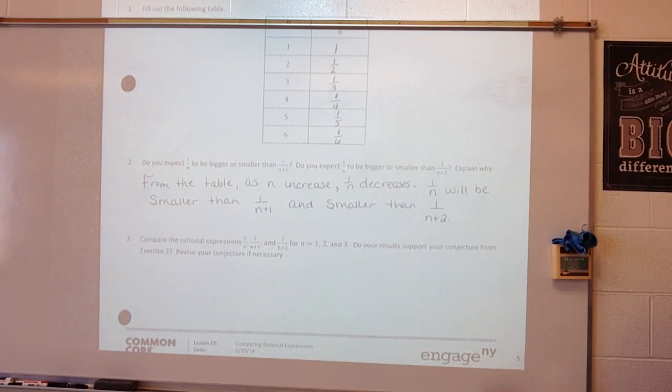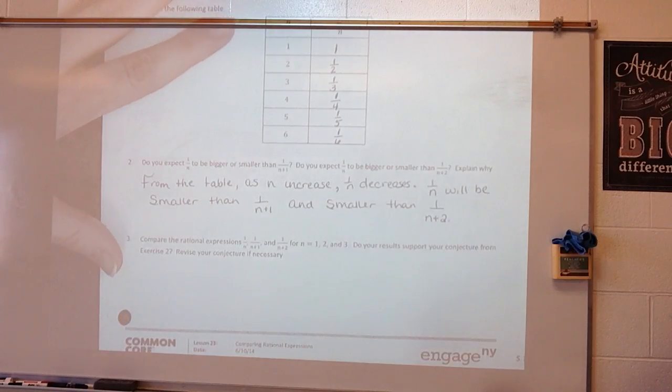Compare the rational expression 1 over n plus 1, and 1 over n plus 2 for n equal to 1, 2, and 3. Do your results support your conjecture from exercise 2? Revise your conjecture if necessary. Okay. So let's think about this for just a second.